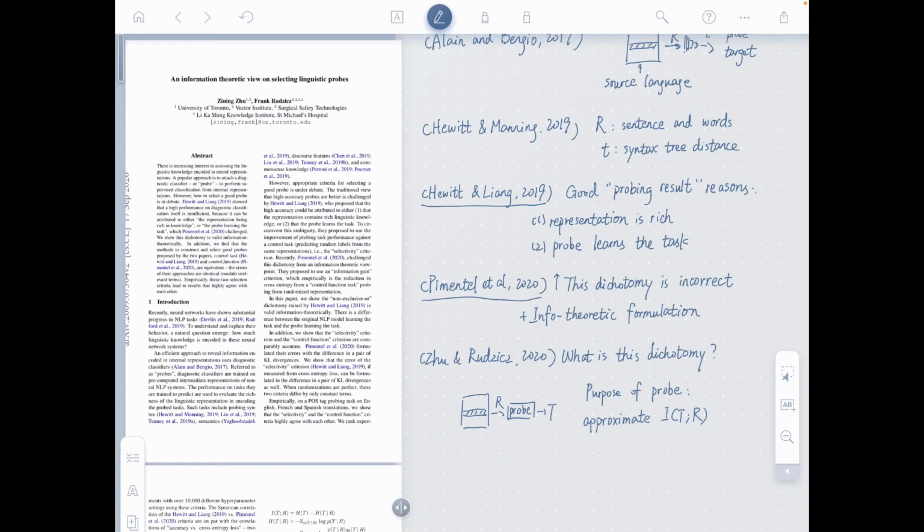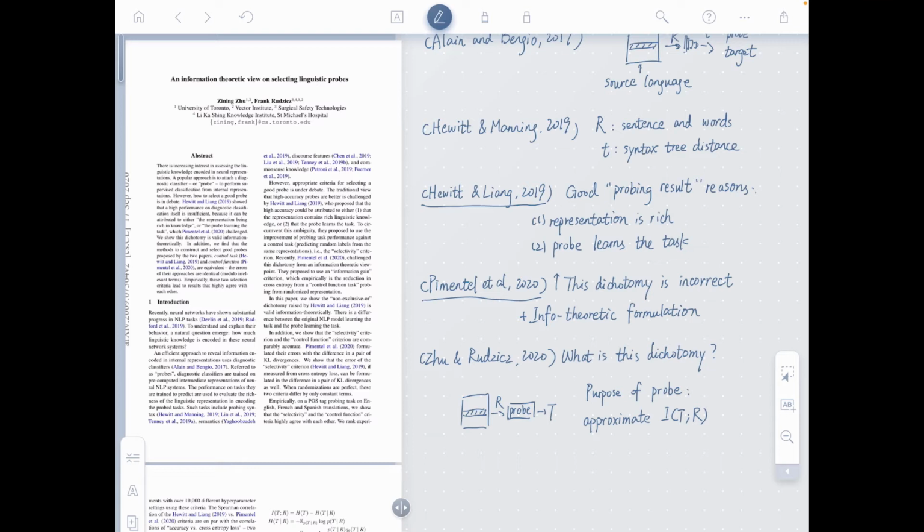So they randomized R. They computed the errors of what is measured from the probing task and what they actually want to measure.